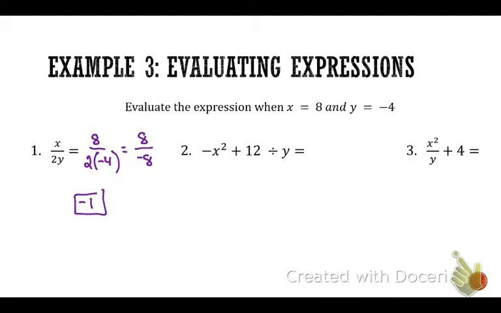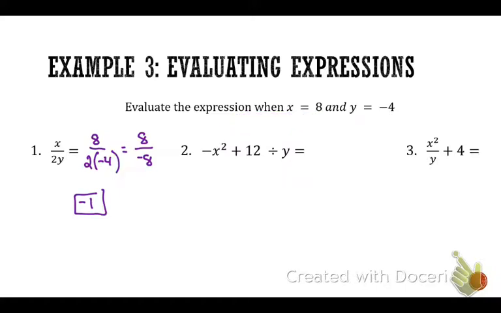Negative 1. All right, now number 2 is a little tricky. Okay? Do you guys remember? Because I've only told you this one time. Okay? So it might be something we now need to hear again. Okay, so 8 gets plugged in here, but what's out in front of it?